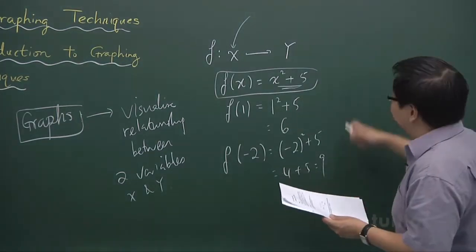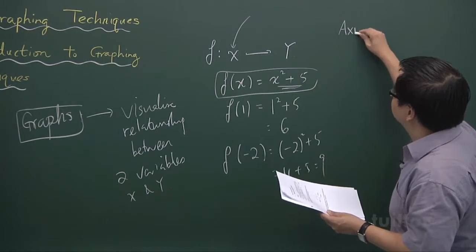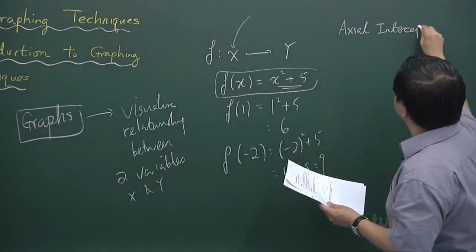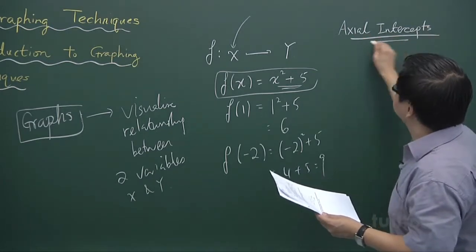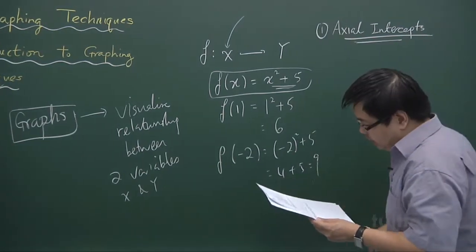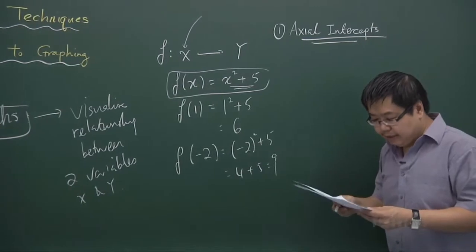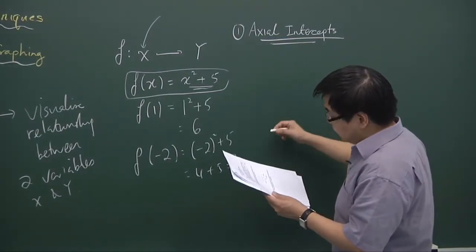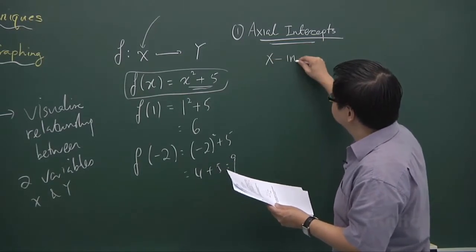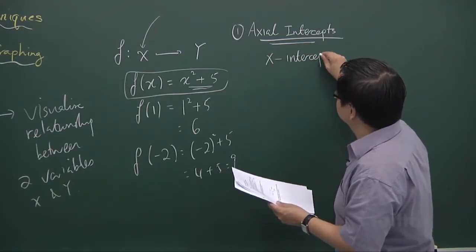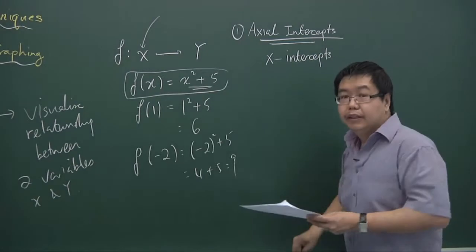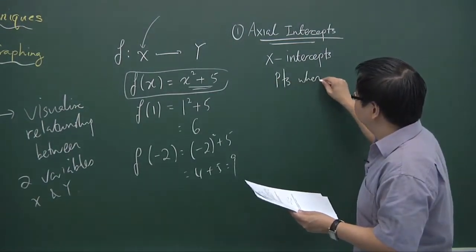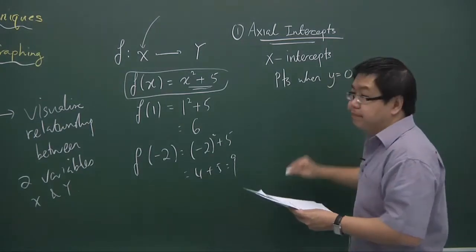So the first characteristic is this thing called axial intercept. And what are axial intercepts? There are generally two axial intercepts, one of which is the x-intercepts. They are actually the points where y equals 0.